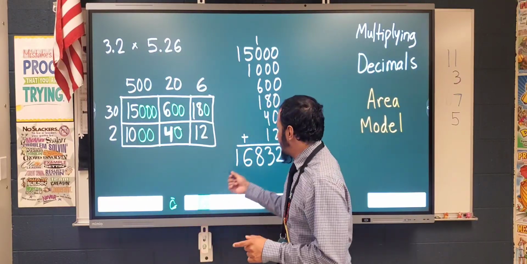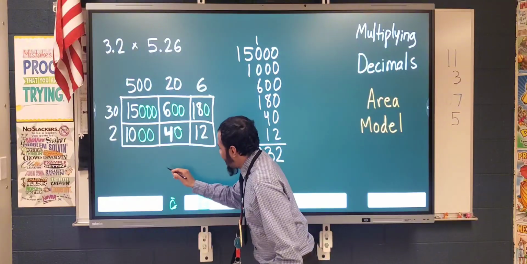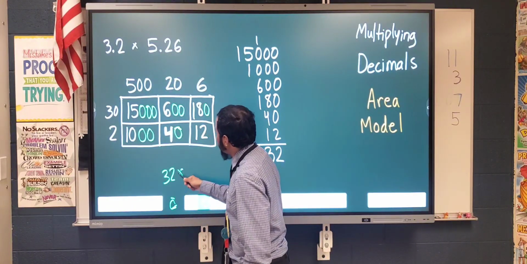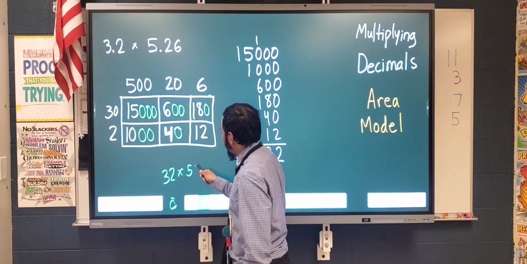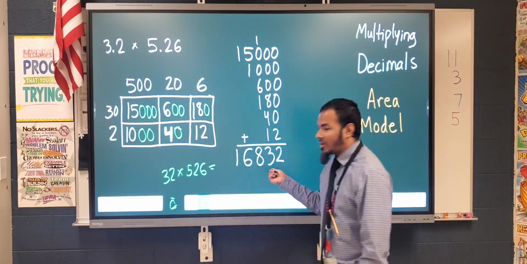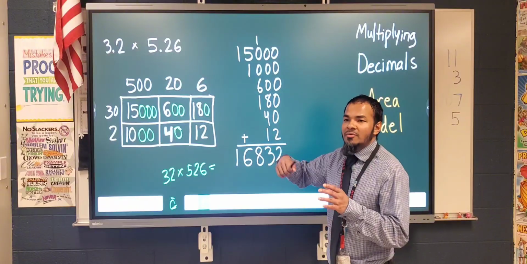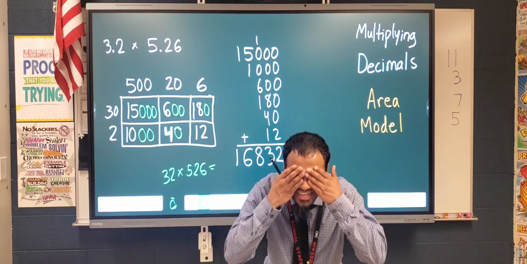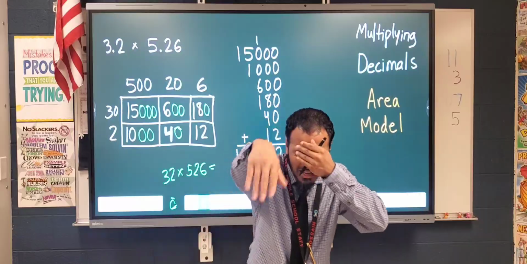If my problem said 32 times 526, that would equal that number right there. But remember, these are decimals. And remember how we ignore the decimal and then multiply normally?